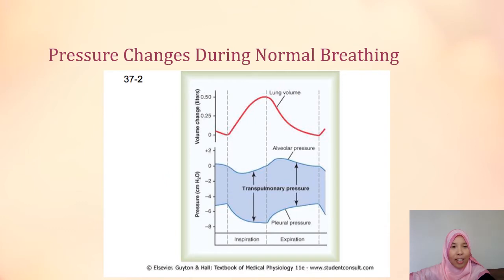Right here you can see the pressure changes during breathing, and this is related to the lung volume. So you can see here now, I'm gonna use, let's see, red. Okay, here you can see the reduction in the volume of the lung. So as the lung volume reduces, you can see that there is an increase in pressure of the pleural, right? The pleural pressure increases.